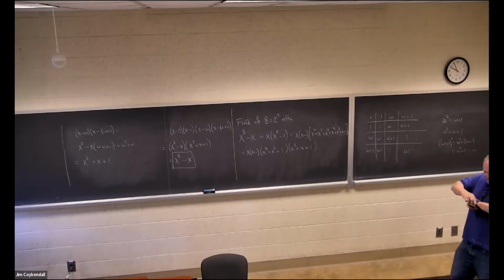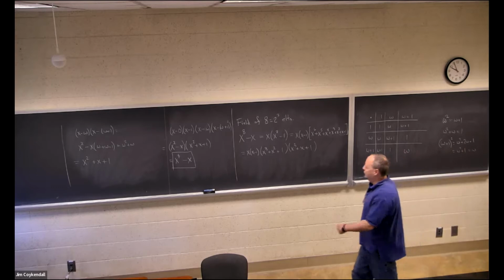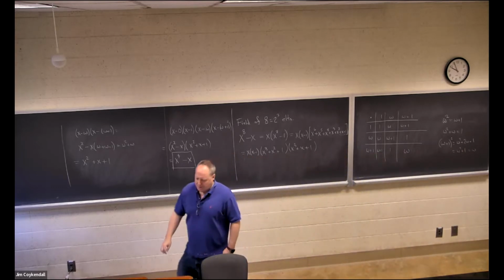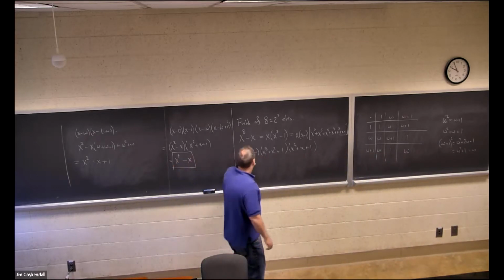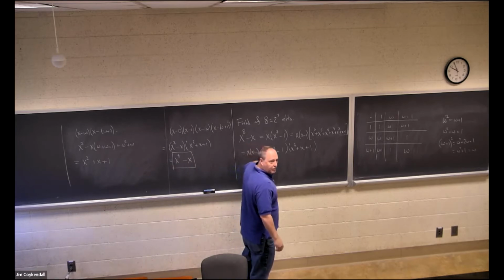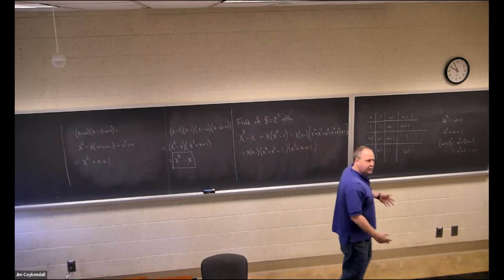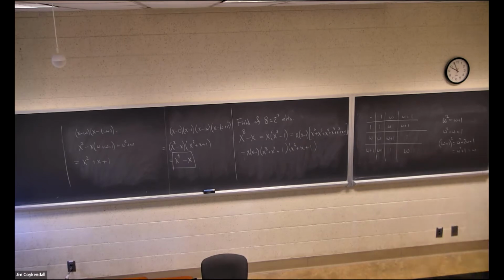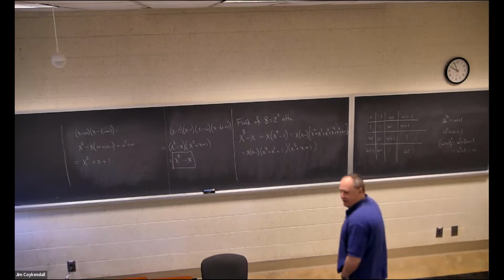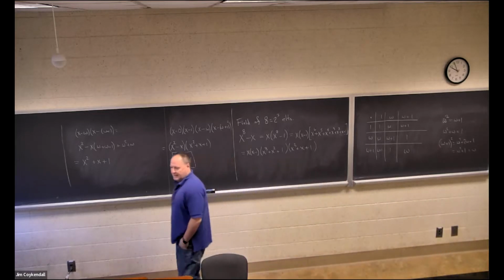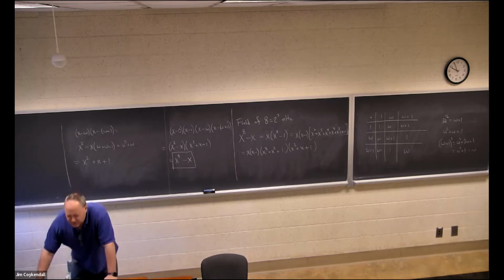So I'll leave it to you to check that for next time, and we'll talk further about this. But 1, 2 roots right here, 1, 2, 3 from this, 1, 2, 3 from this, that gives you 8 elements in this field. But check that factorization works. See if you can figure out what the addition and multiplication is. Any questions? Any questions out there?